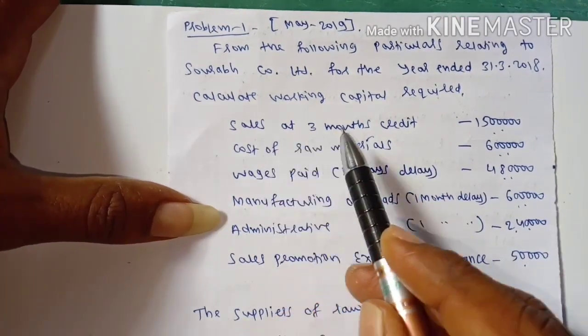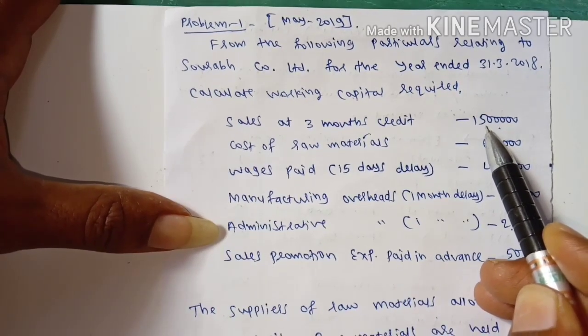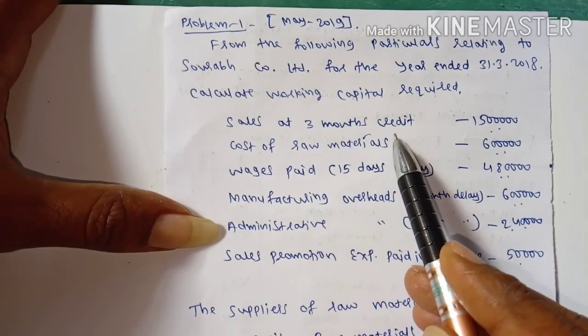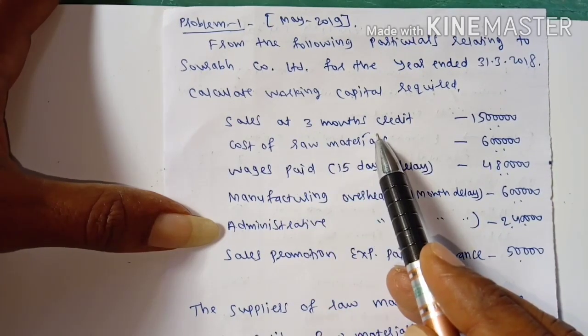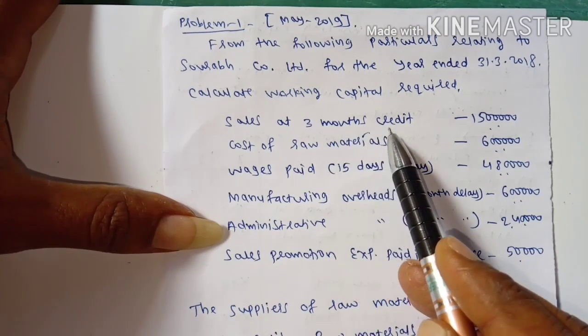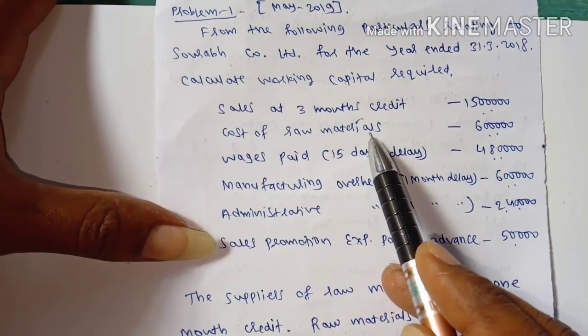Sales at 3 months credit 15 lakh. Whatever sales is made, it is given 3 months credit to debtors. So this is nothing but debtors amount. So whatever debtors are there, they are allowed 3 months credit period. Now cost of raw materials.